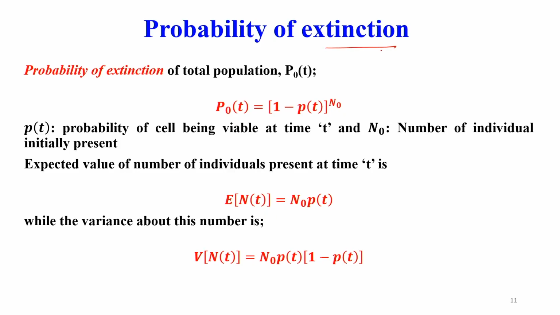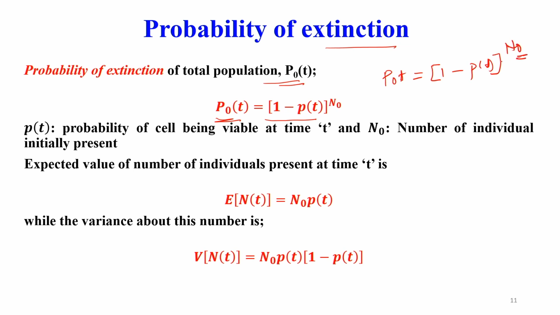Now, further we can discuss or express this sterilization in terms of probability of extinction. So, let us say the probability of extinction of total population is capital P naught T. So, capital P naught T is defined as 1 minus small p t to the power N naught.